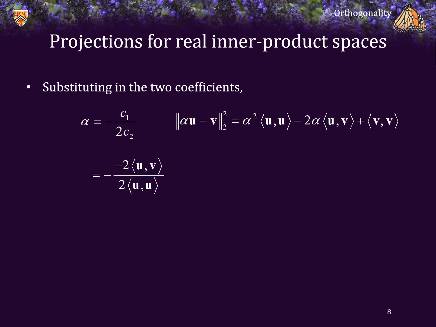And that's equal to this expression here, where -2 times the inner product of u and v is the coefficient of alpha, and the inner product of u and itself is the coefficient of alpha squared. Now, canceling out the minus signs and the 2's, this leaves us with alpha being this ratio of inner products.